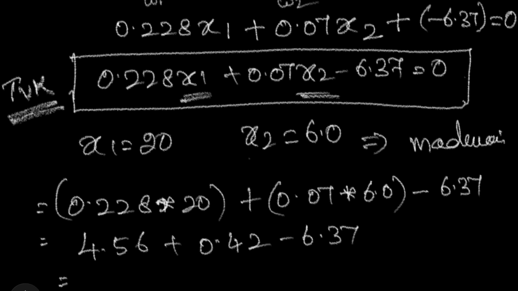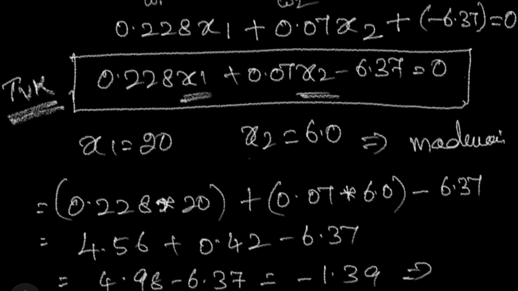Okay, solve this, I'll get 4.56 plus 0.42 gives you the value 4.98. 4.98 minus 6.37 is nothing but minus 1.39.